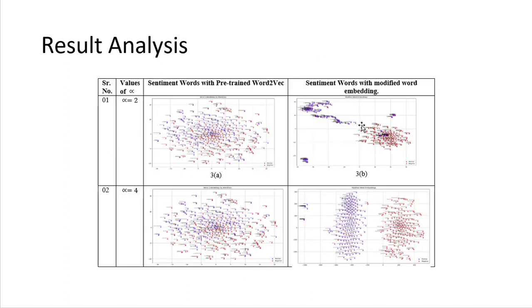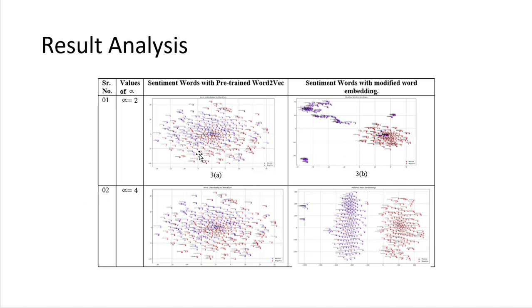After complete training, we can identify that positive and negative word embeddings are far away from each other, unlike the original one. The original pretrained word2vec model has combined positive and negative word embeddings. So for alpha equal to 2, we got the intermixed representation. Basically every word embedding is of size 1 by 300.